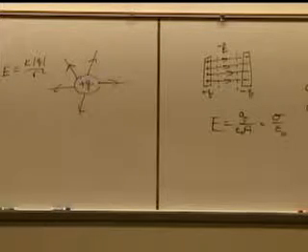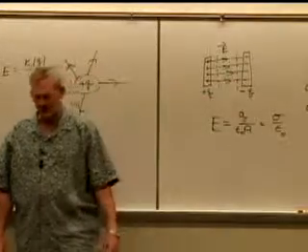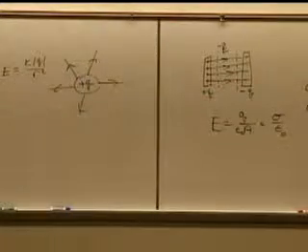We didn't talk about that last time, and it's a key thing. The key thing is that the strength of the electric field is the same everywhere inside that parallel plate capacitor.